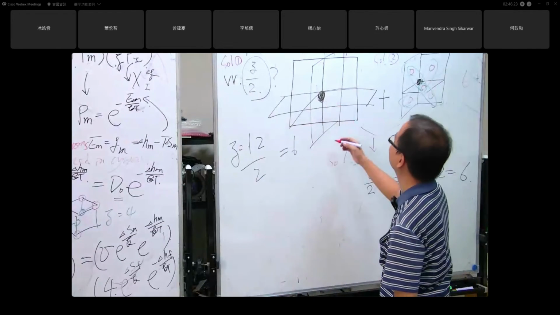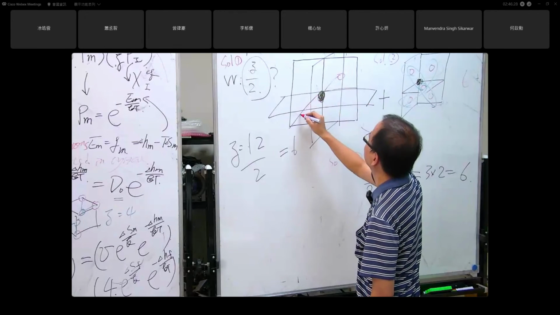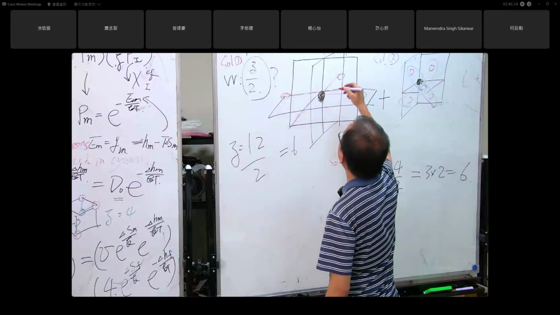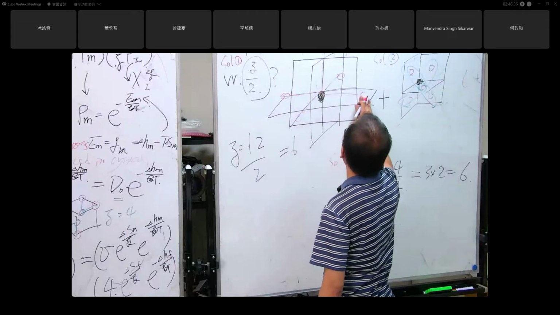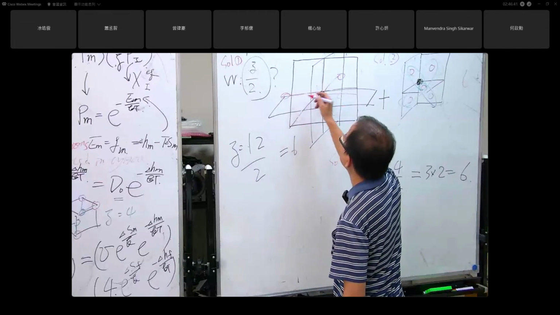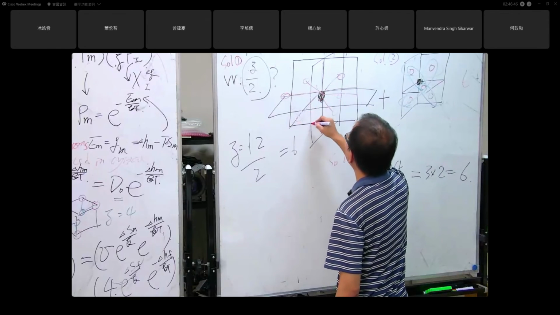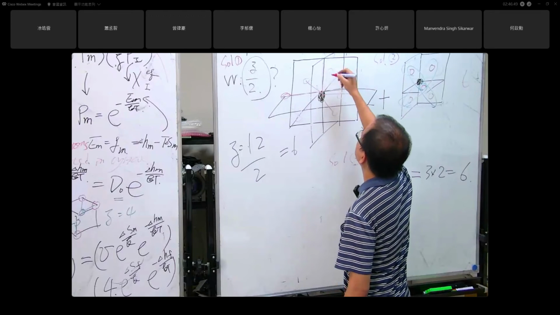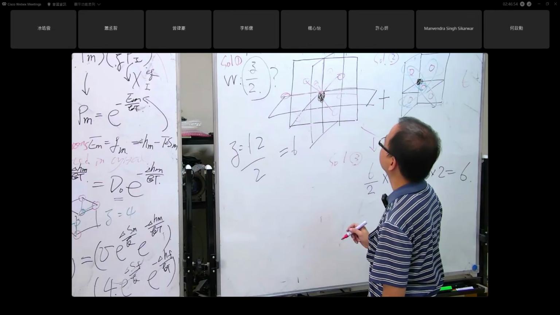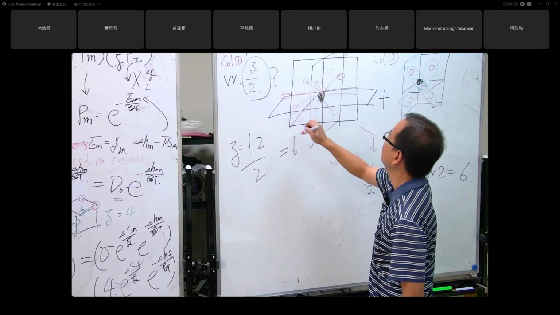Okay, let's count it. 1, 2, 3, 4, 5, 6, 7, 8, 9, 10, 11. Where is the 12? I missed one. Let me see. This one, 12. Okay, so 12.